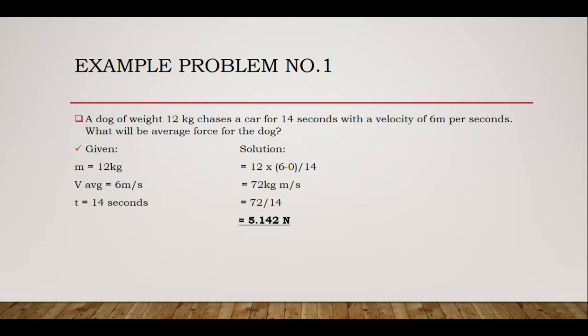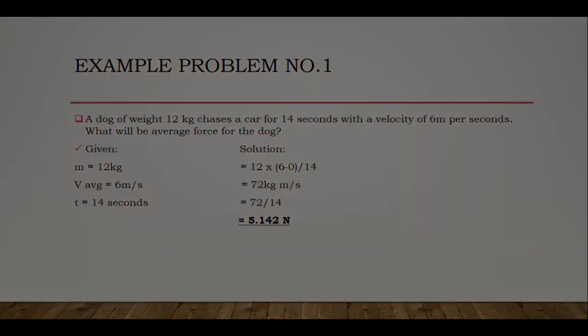So 72 kilogram meters per second divided by 14 seconds is equal to 5.142 kilogram meters per second squared, equal to 5.142 newtons. So therefore, the average force will be 5.142 newtons.